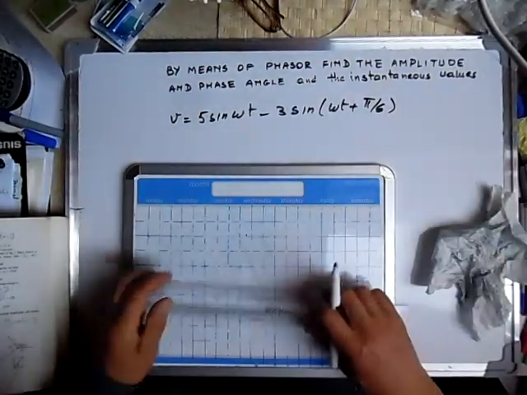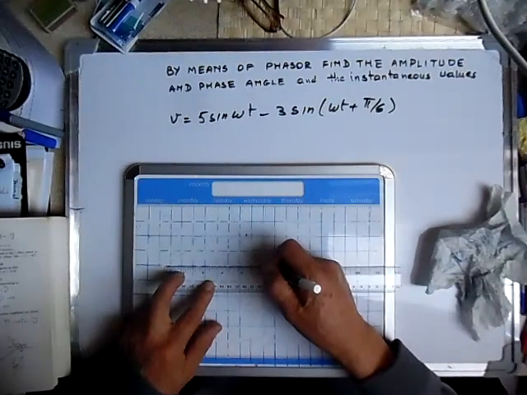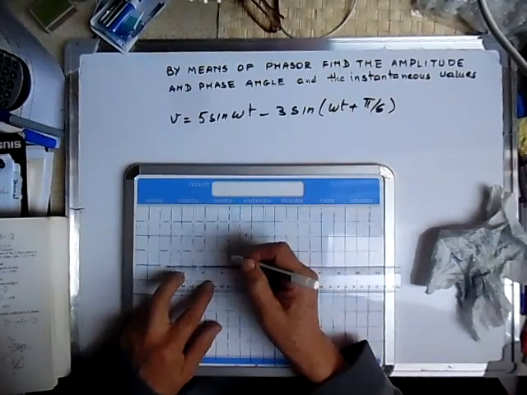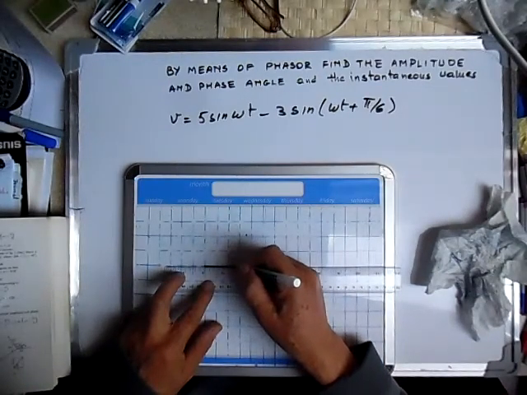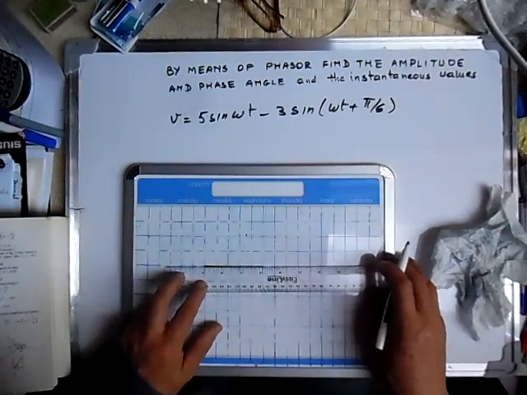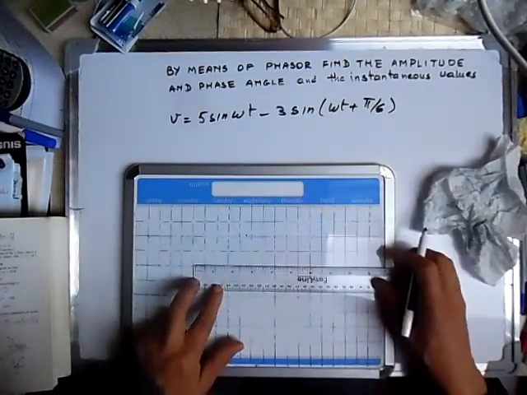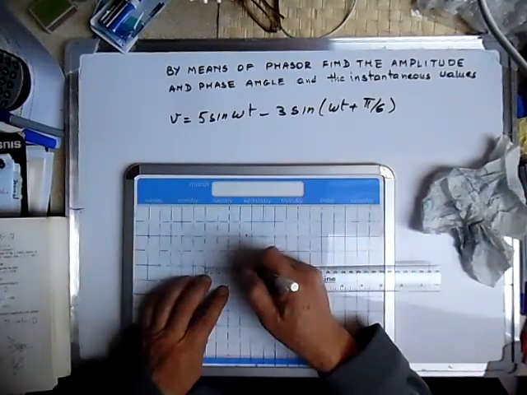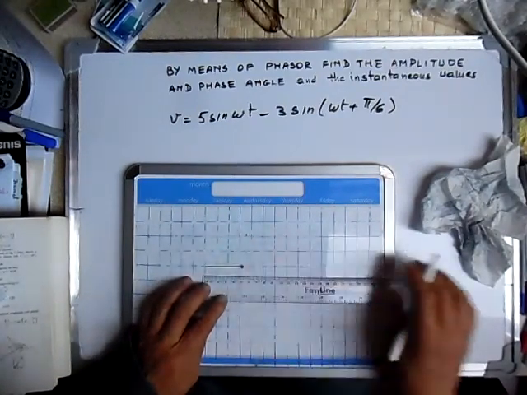We take 5 this way. Okay, I have 5. Just a minute. 1, 2, 3. What am I doing? Okay, we'll take centimeters better. 5 centimeters. Okay, I have 5 centimeters.